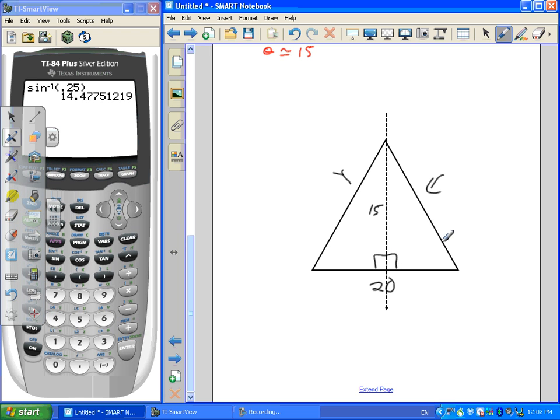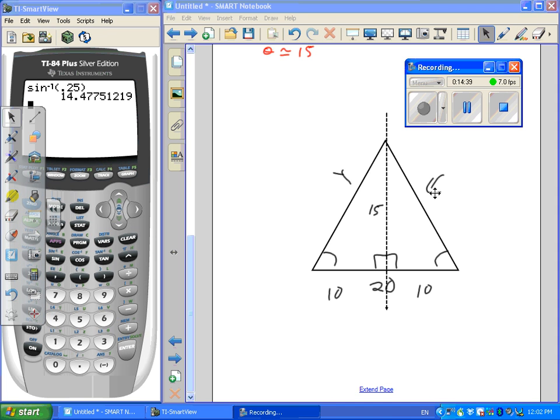Then I have two right angle triangles, and we know this is 10 and 10. I can solve for my hypotenuse. I can actually use Pythagorean for that one, but say I want to know the angles. Once this angle is split in half, I can use sine, cosine, tangent to solve for the angles. This only works for right angle triangles. You have to have a right angle triangle for these ratios to work.